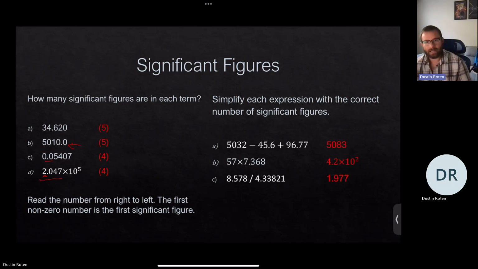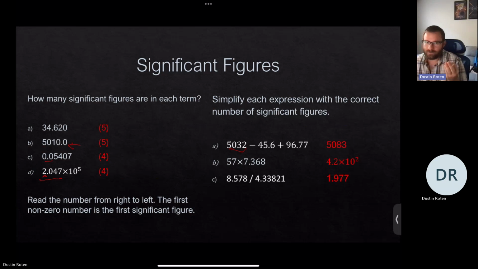Now over here on the right-hand side, you see how we're adding and subtracting, so we go by the number of decimal places. Well, there are no decimal places on 5,032, so we know we need to truncate in the answer. Same thing here, except we're multiplying, so we need to examine our data given, 57 or 7.368.